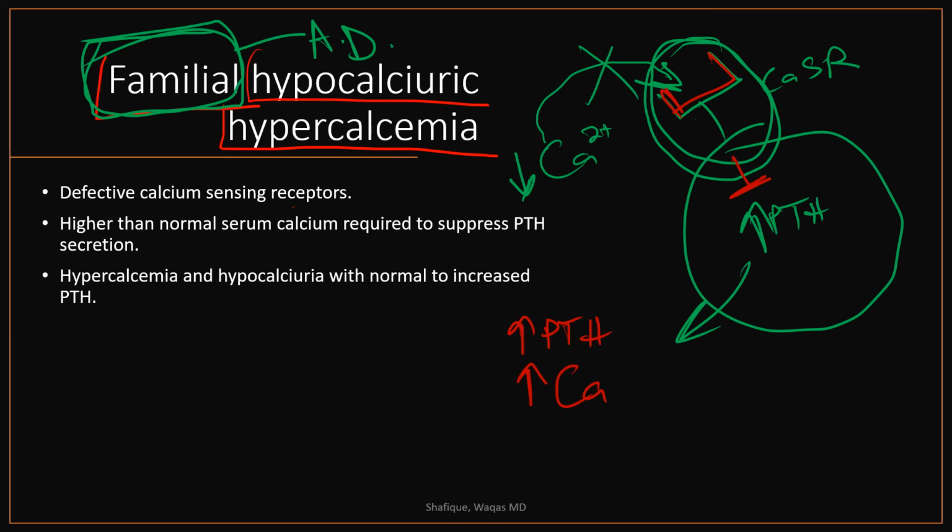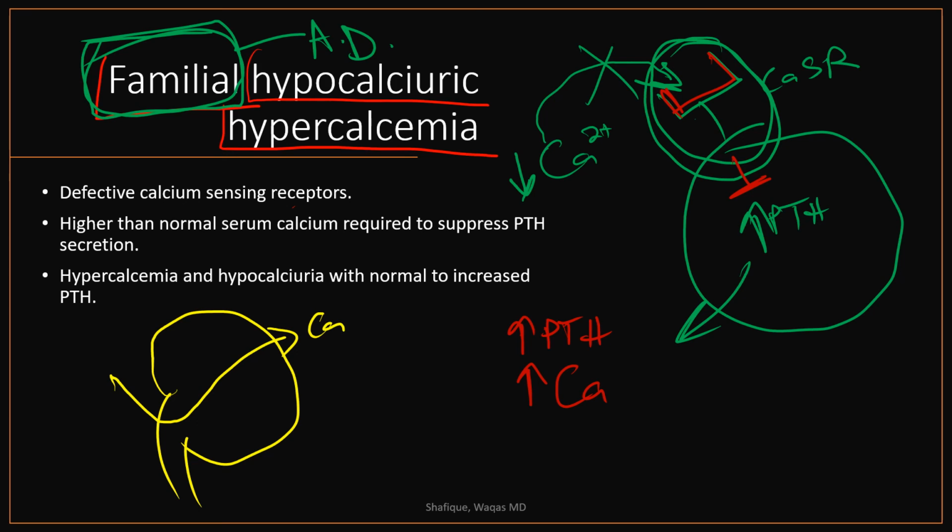And now you also have these receptors on your kidneys, right? And your kidneys normally reabsorb calcium and secrete phosphate, right? So what happens when this receptor is mutated? You will be reabsorbing a lot more calcium than you normally would.